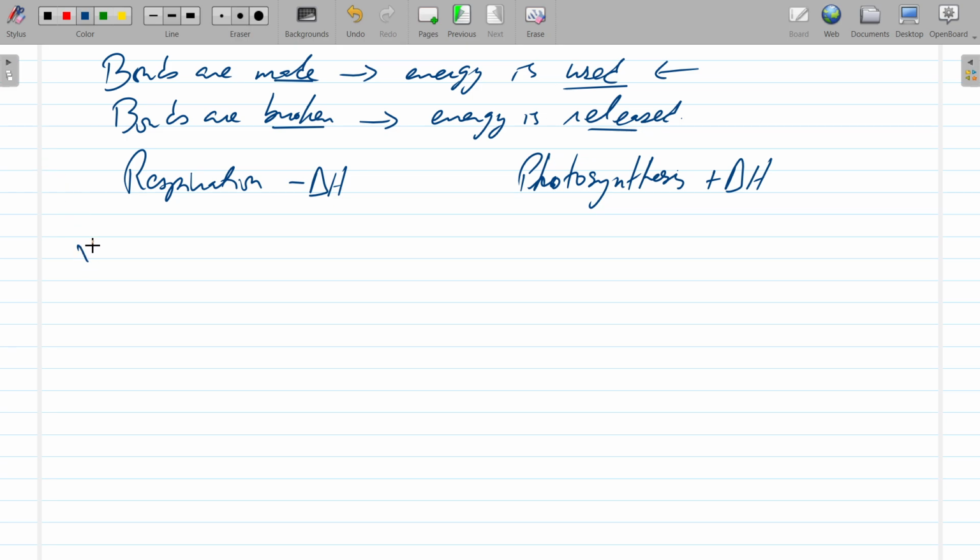I'm putting an asterisk, not because it's out of syllabus. When ATP is converted to ADP and phosphate is released, this is called hydrolysis. This is a reversible reaction.